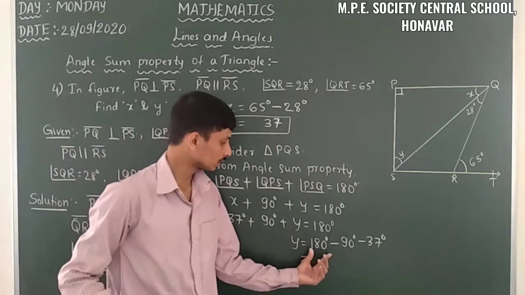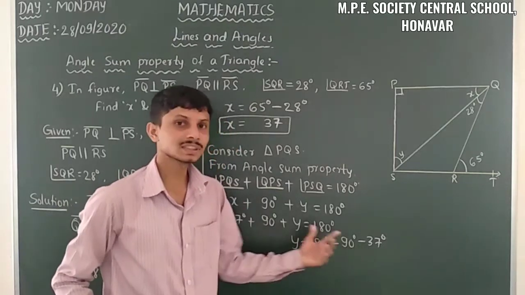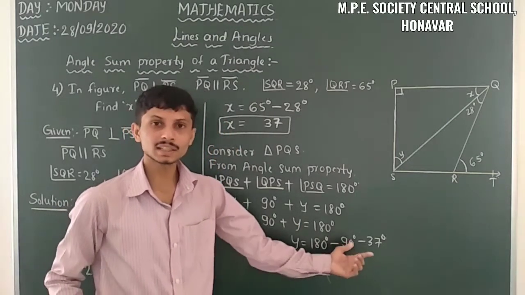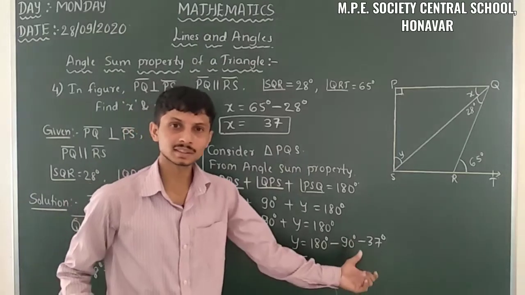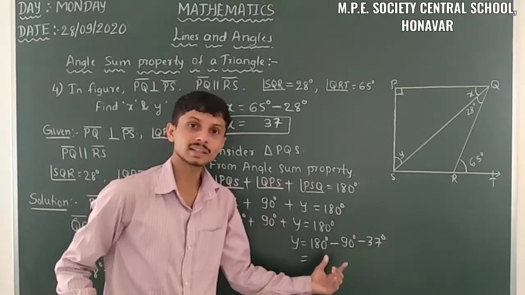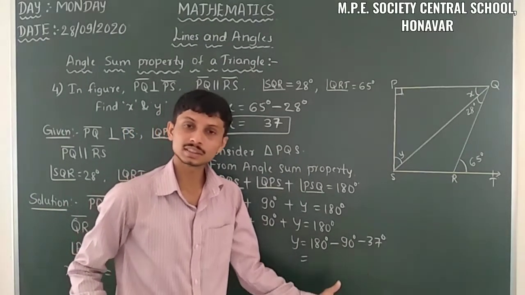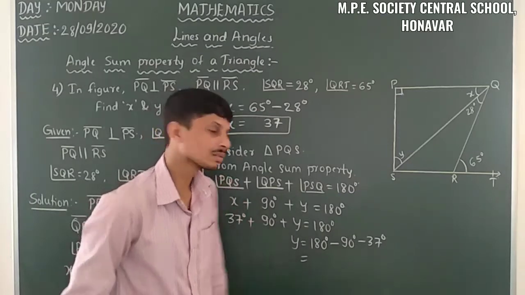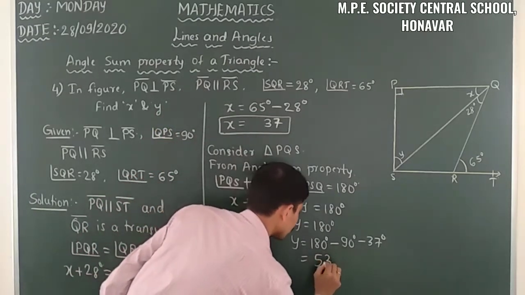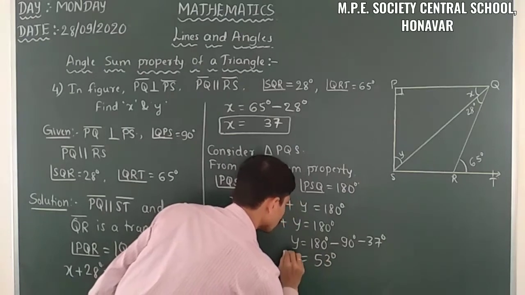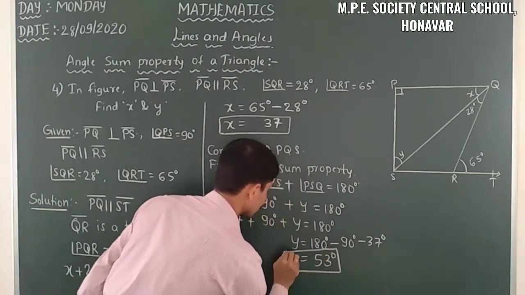What is the value? 180 degrees minus 90 degrees means 90 degrees. 90 degrees minus 30 degrees means 60 degrees. Minus 7 degrees means 53 degrees. So y is equal to 53 degrees.